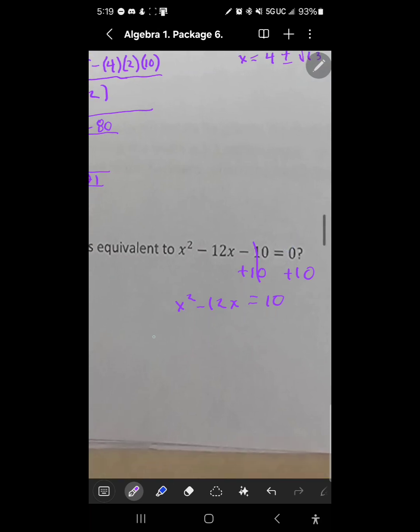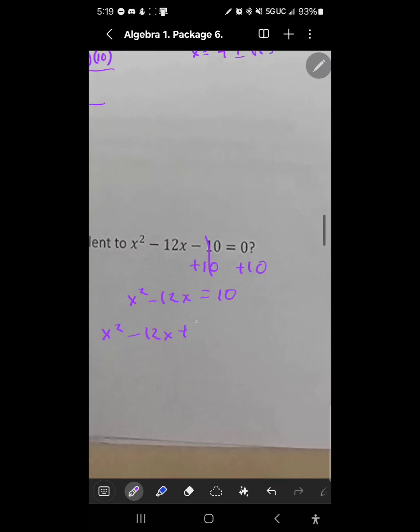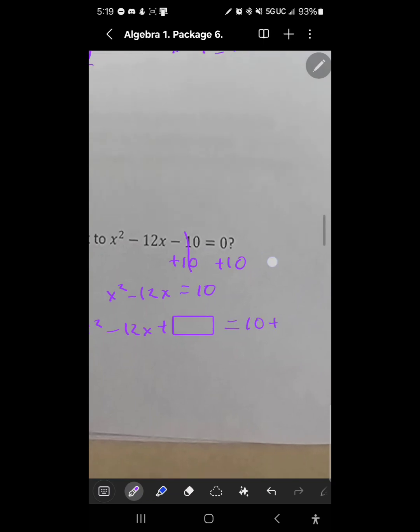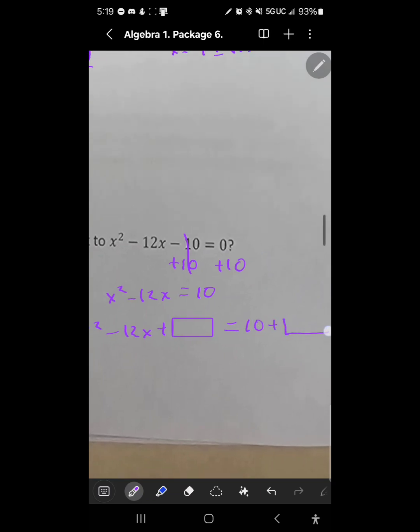Now what I'm going to do is make x squared minus 12x plus a blank rectangle, equal 10 plus another blank rectangle.